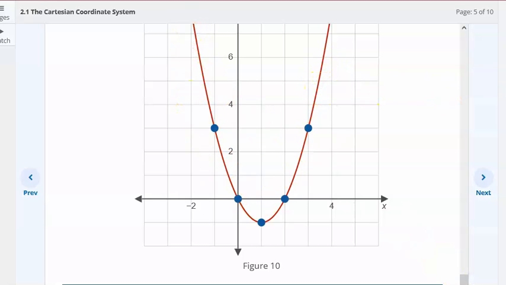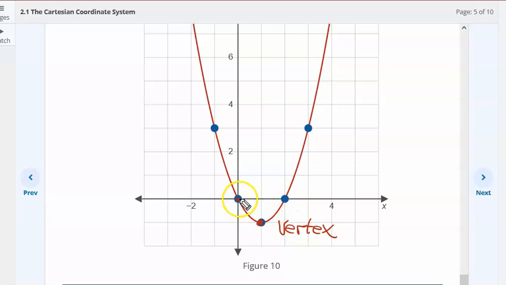Now, you may or may not be familiar with the words of a parabola, let's just do a little review while we're here. This point is considered the vertex. And since it's a low point, it's called a minimum of our parabola.